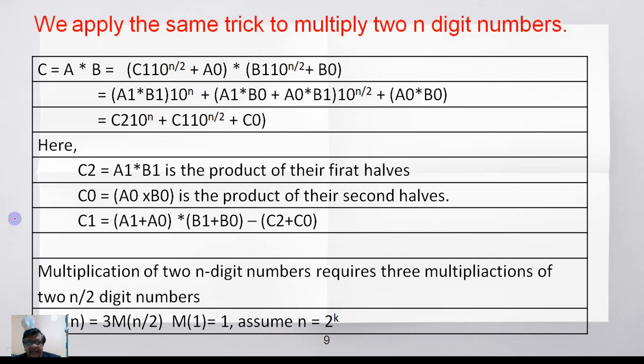Now C equals a into b. The same trick can be applied even to multiply 2 n-digit numbers. Let a be an n-digit number, and b is also an n-digit number.